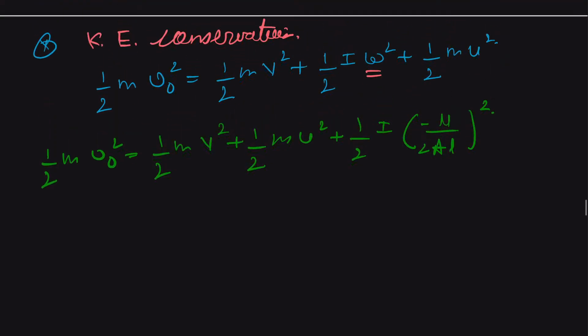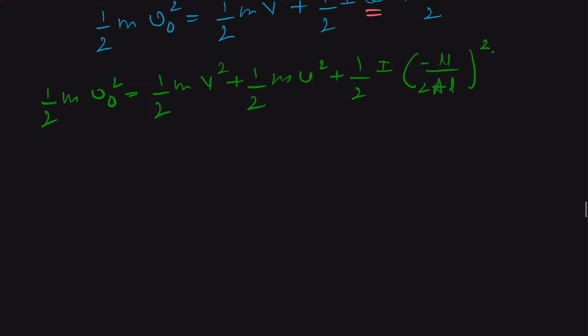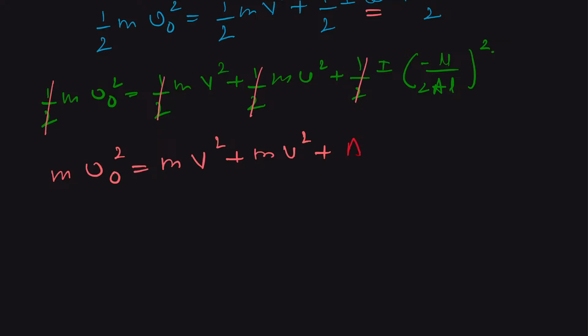Let me solve it first, then we can substitute the values. So we can cancel out this half throughout, and we get m v naught square is equal to m v square plus m u square plus I, and this moment of inertia is given to us as m l square times u square plus 4a square l square.